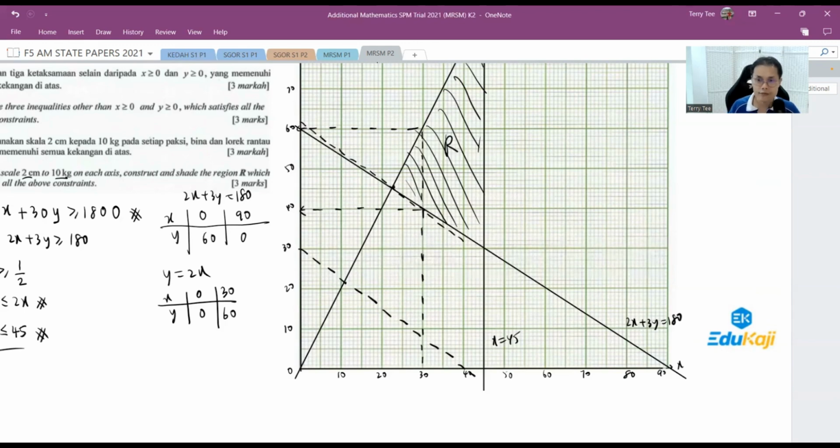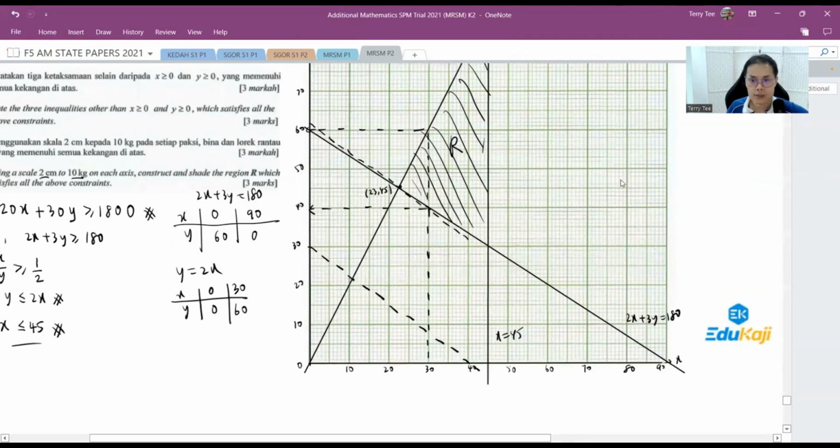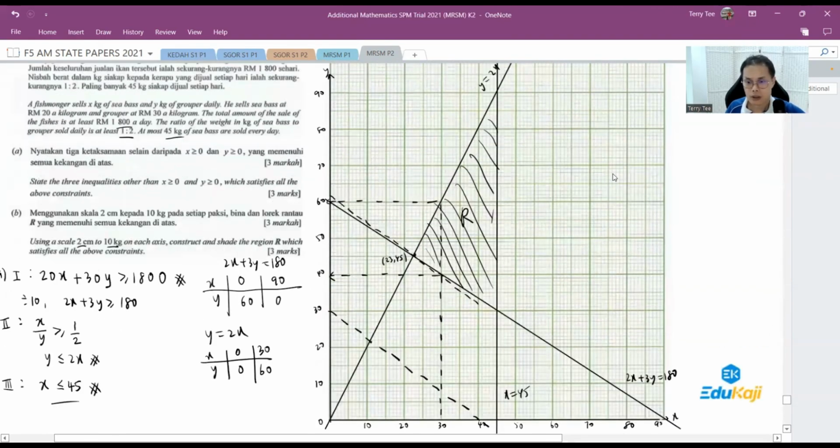And to find this coordinate, I can just read from the table or from the graph here. I can see it's about 23, 45. Looks like 45. Now, another way to validate or verify, because sometimes you cannot really see which point is the correct point. We can actually try by solving y equals 2x and 2x plus 3y equals 180 simultaneously, as in we do 2x plus 3 of 2x equals 180.